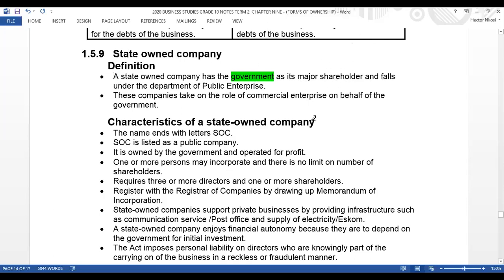Therefore, if the major shareholder is the government, it will be your state-owned company.